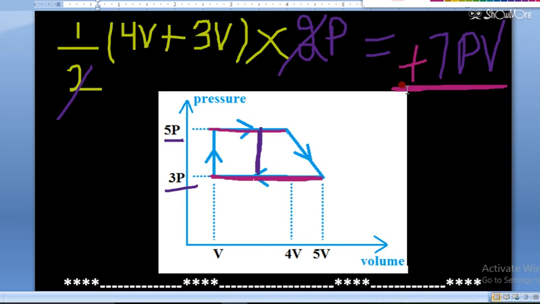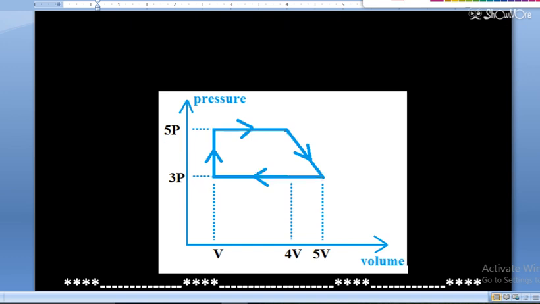Now we are going to discuss the triangular method, where I will separate these two figures, and to separate them I will separate it from here. This is a triangle and this is a rectangle. Firstly I will find the area of this rectangle, because in the shortcuts we have discussed that when a cyclic process is given, we have to find the area of that cyclic figure.